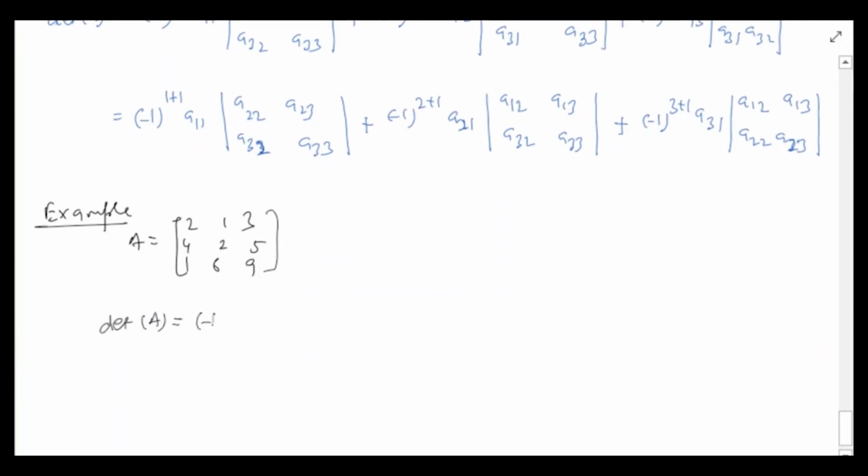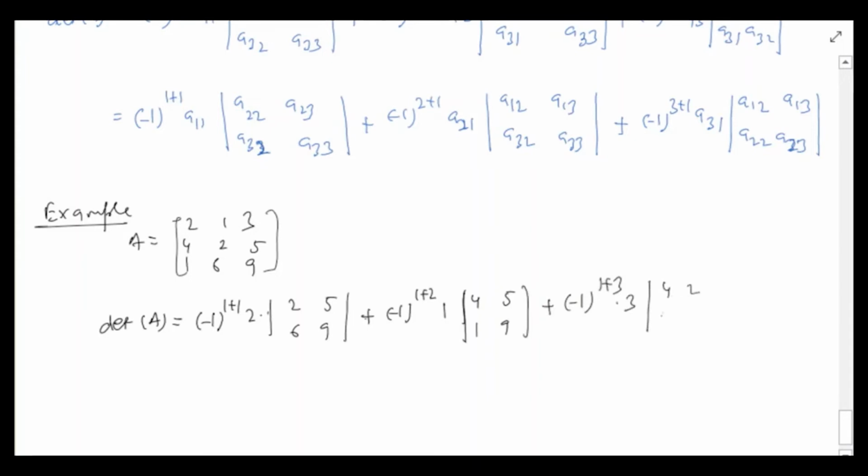So first minus 1 raised to 1 plus 1 times 2, and the submatrix that I'll consider is 2 5, 6 9, then plus minus 1 raised to 1 plus 2, and now I have 1, and the submatrix that I'll consider is 4 5, 1 9. Finally I'll consider the third element of the first row, minus 1 raised to 1 plus 3 times 3 times 4 2, 1 6.